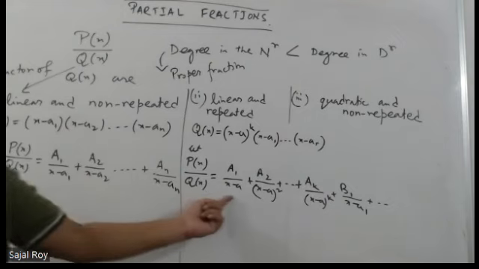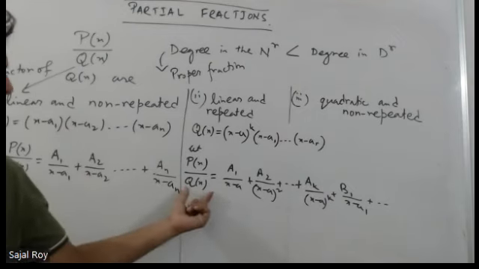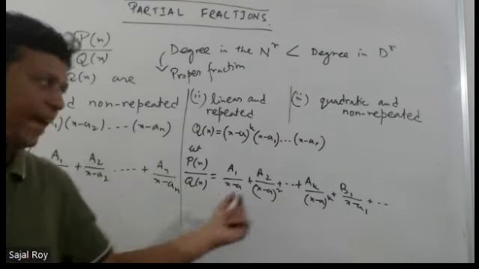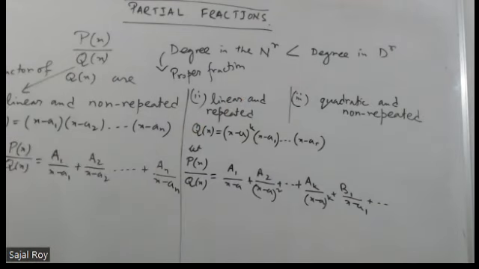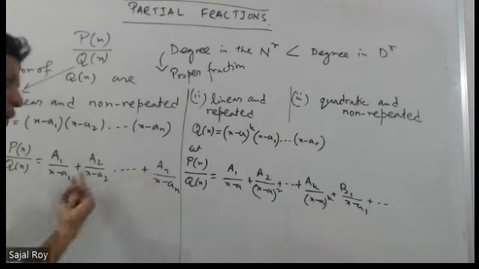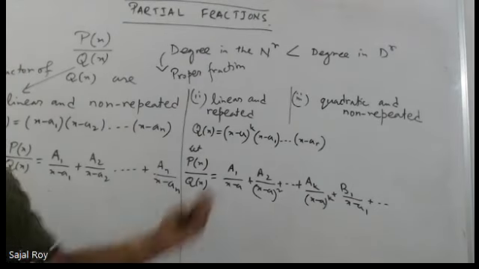So if there is a repetition, you have to write p(x) by q(x) in this form. Again, A1, A2, Ak, B1, B2, etcetera are constants to be determined by equating the like powers of x or by substitution.